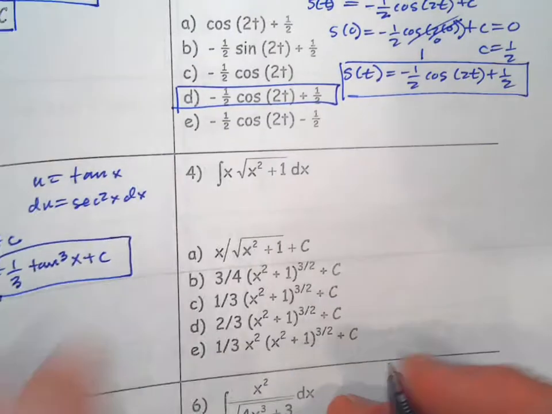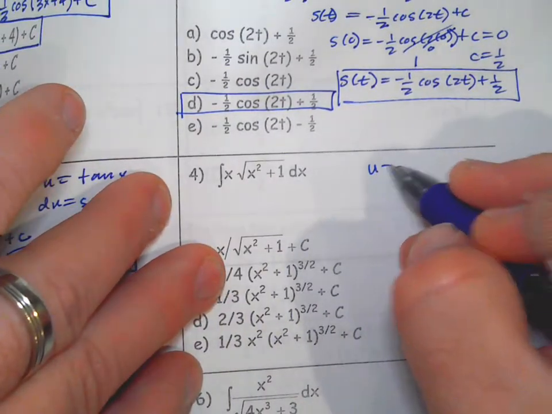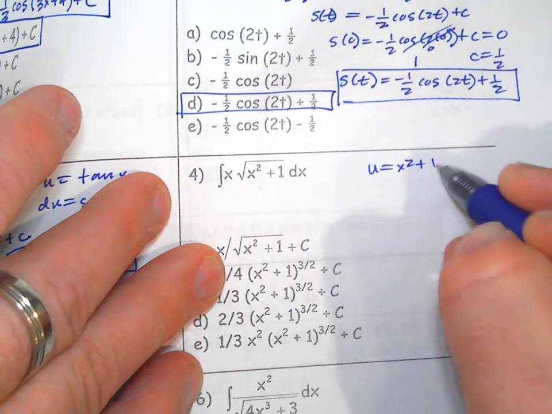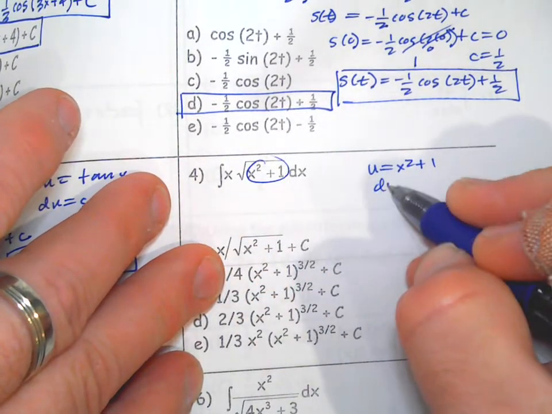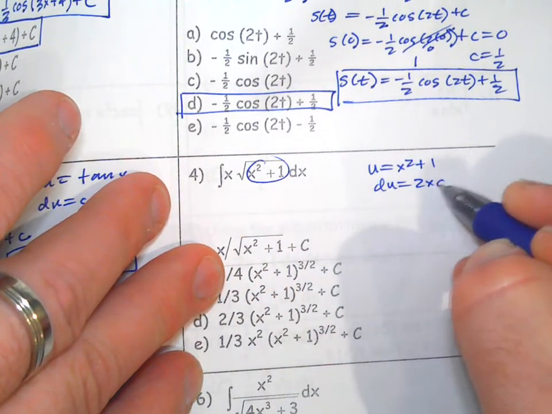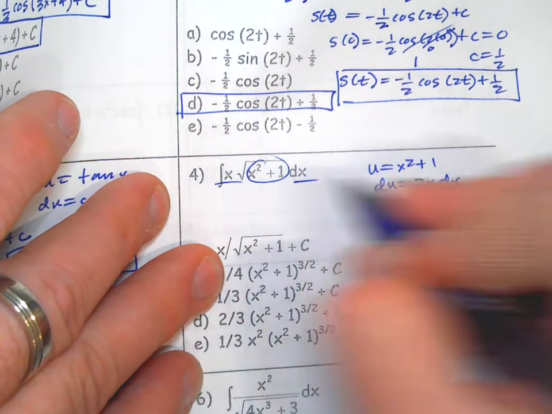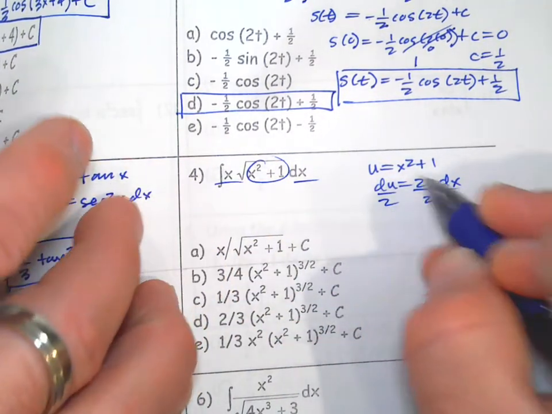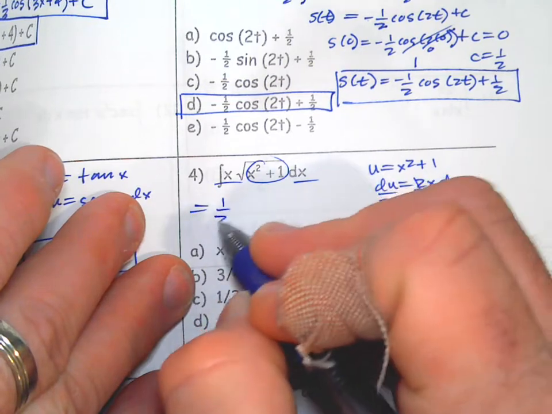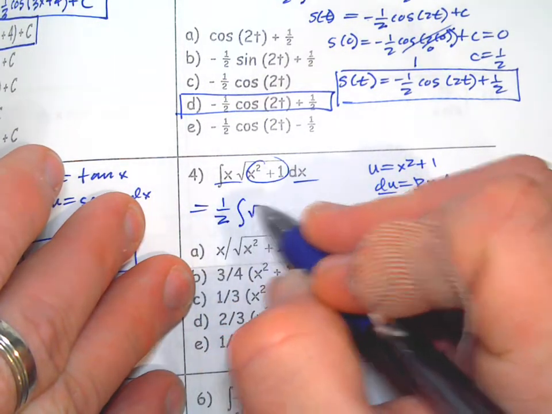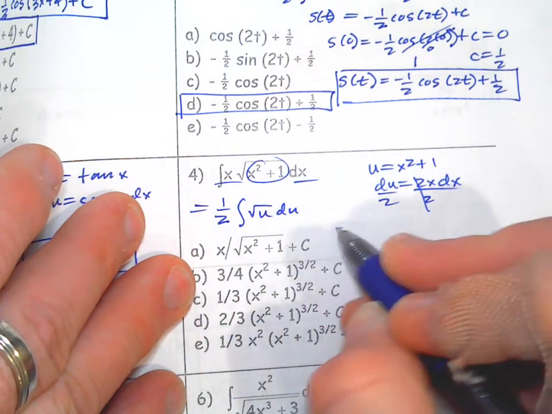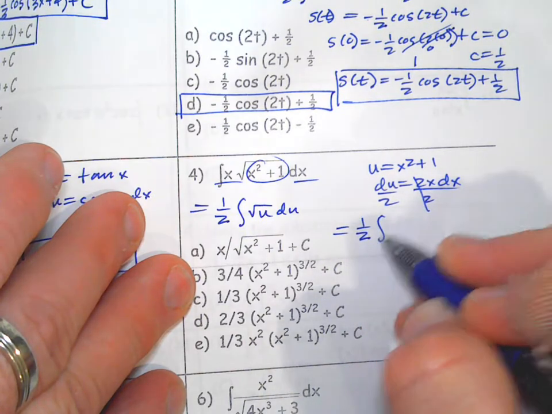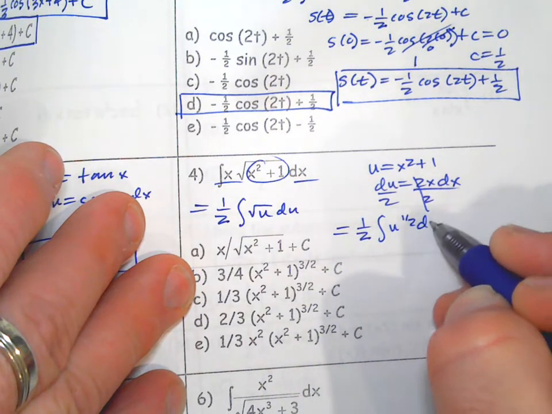All right, number 4. Usually the inner function is stuff that's inside other stuff. All right, at least something good to try. x dx, perfect. Don't want the 2. So that's going to be 1/2 integral of the square root of u du. I'm going to rewrite that 1/2 integral of u to the 1/2 du. It's power rule.